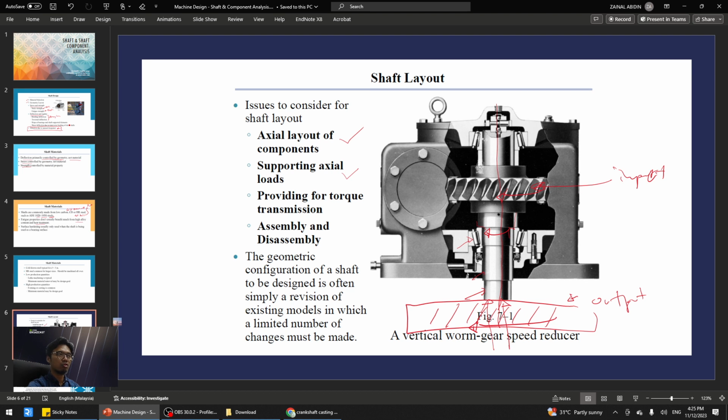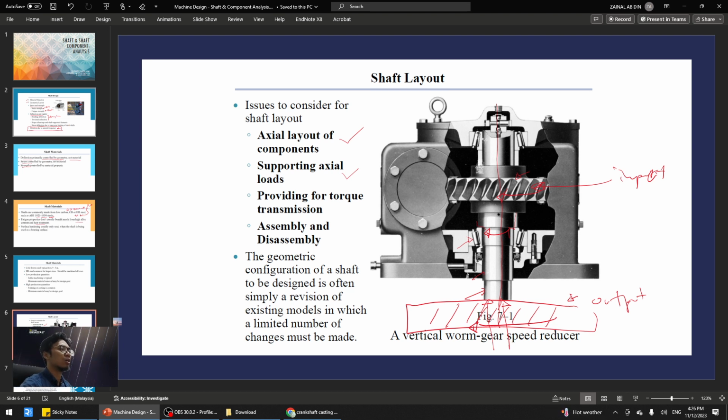Mestilah dia kena provide torque supaya gear yang di dalam input ini akan rotate you punya shaft pada angular speed yang sama dan akan transfer dia punya torque ke output gear. So you kena fikir bila you nak guna shaft dalam you punya design, you must consider torque transmission. There must be a torque transmission. Macam mana you nak transfer torque tu daripada input kepada output gear.